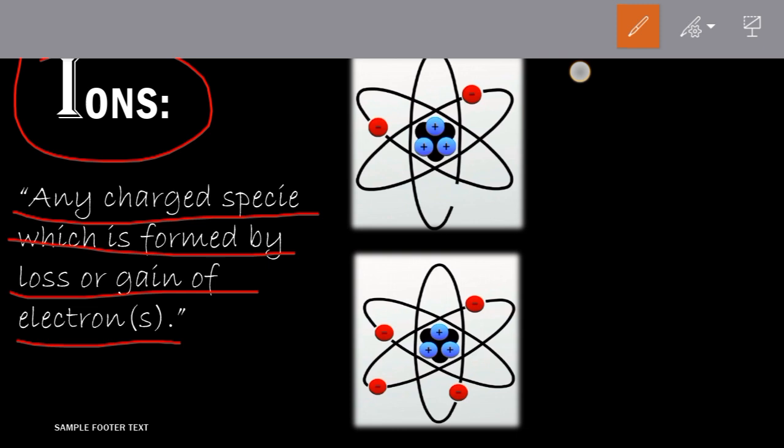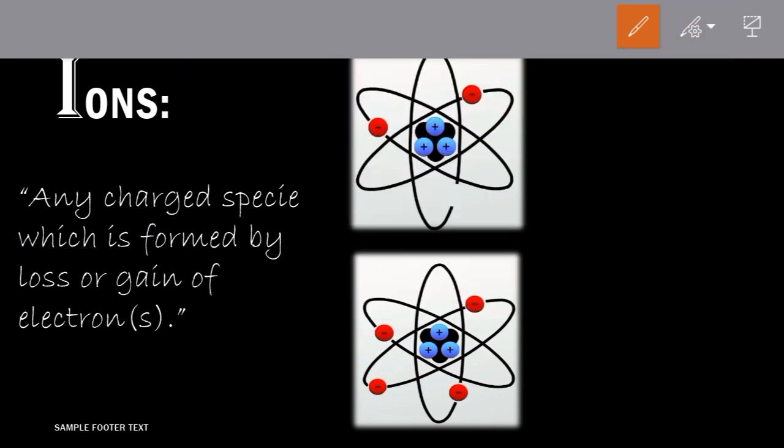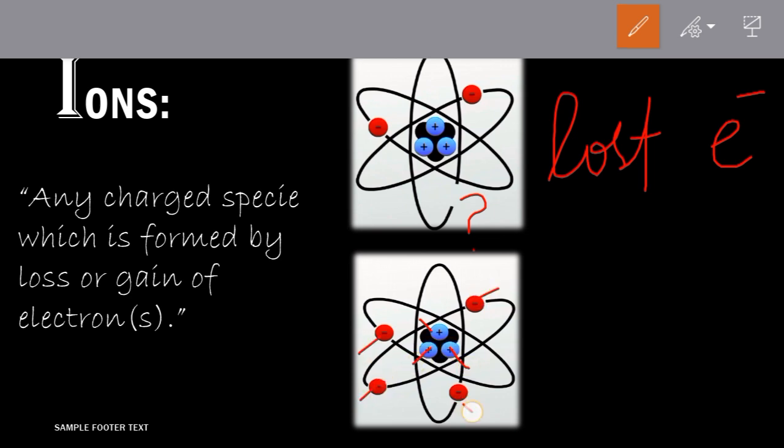Students, you can see in this picture that we are having three protons, then there should be three electrons according to the definition of a neutral atom. But we can see that this is having a missing electron. It means that it has lost an electron. And in the second picture, we can see that it has three protons, but in total it has four electrons.